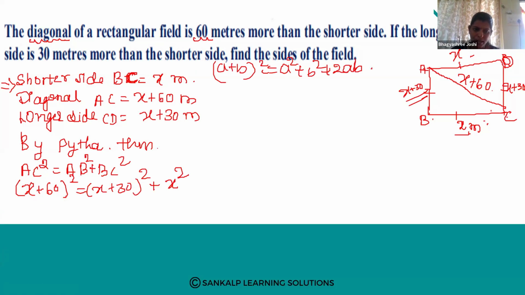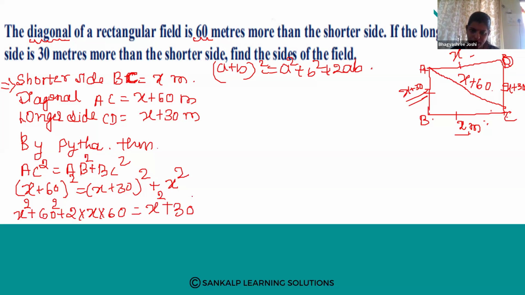So what is the value of a? A is x here, so a square means x square. B square is 60 square, plus 2ab, 2 into x into 60. This is also in the form of a plus b bracket square. So x is the value of a and 30 is the value of b. A square means x square.